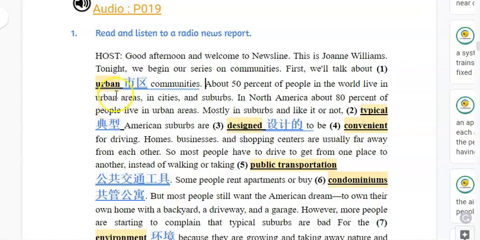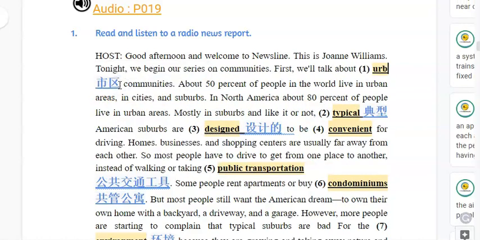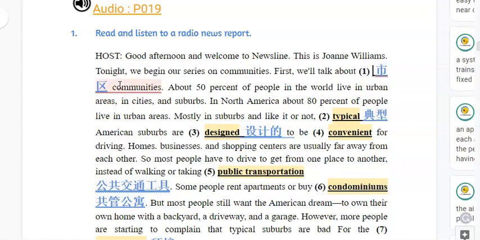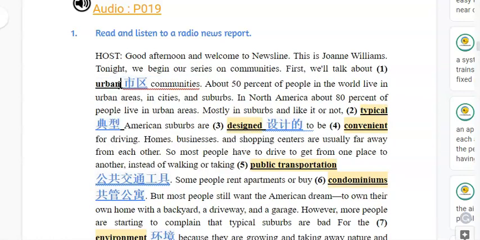Urban community. Okay, correct. So I will remove this, and please read the sentence again and guess the missing word. First, we'll talk about urban communities. Correct. Next: mostly in suburbs, and like it or not, typical American suburbs are designed to be convenient for driving.